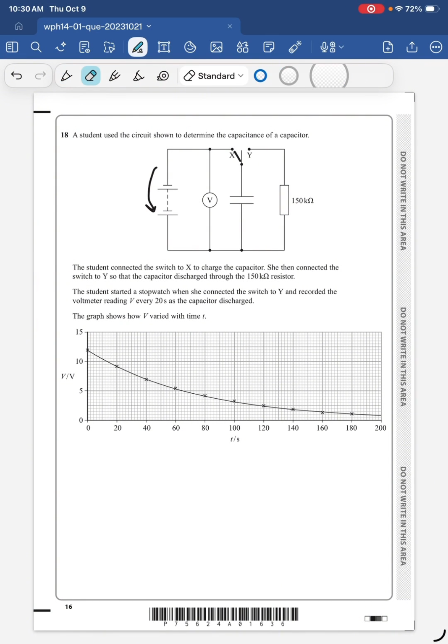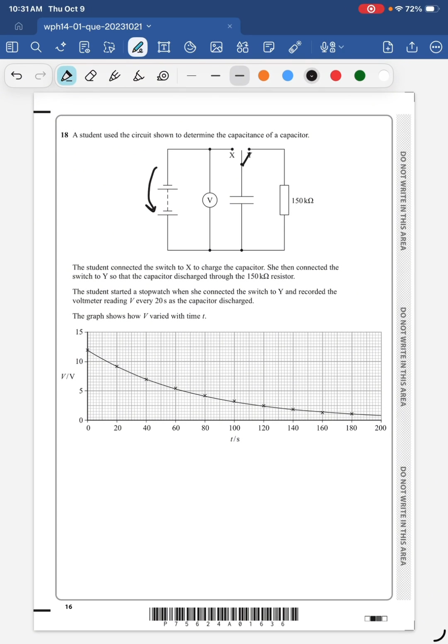So she changed the switch to Y so that the capacitor discharged through the 150 kilo ohm resistor. The student started a stopwatch when she connected the switch to Y, and recorded the voltmeter reading V every 20 seconds as the capacitor discharged.